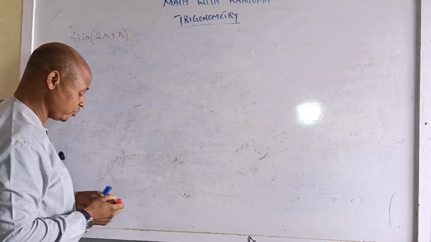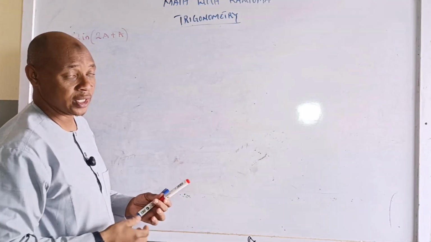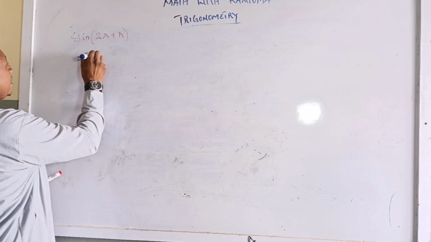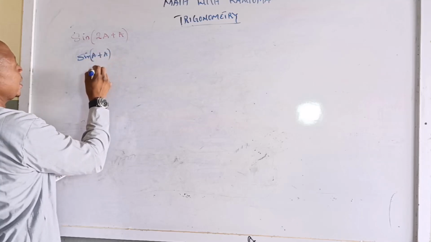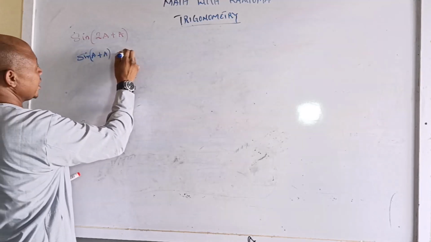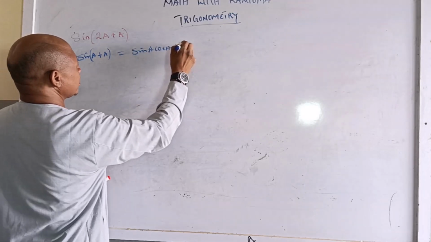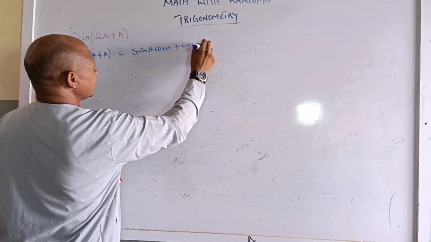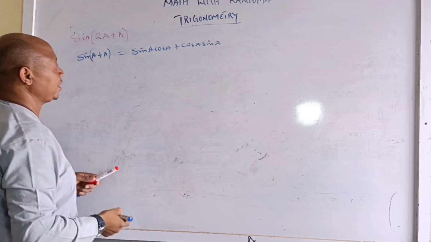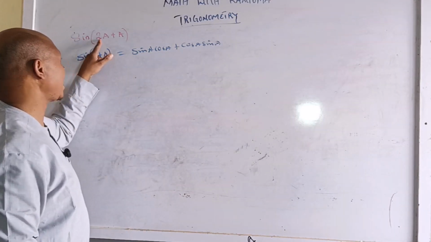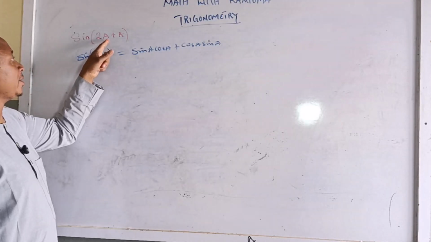Last class, we derived what sine a plus a is, and we said sine a plus a, when the angles are equal, is given by sine a cos a plus cos a sine a, right? But in this case, we are having a triple angle, meaning we have 2a plus a.